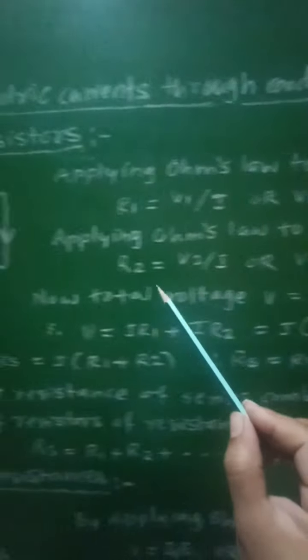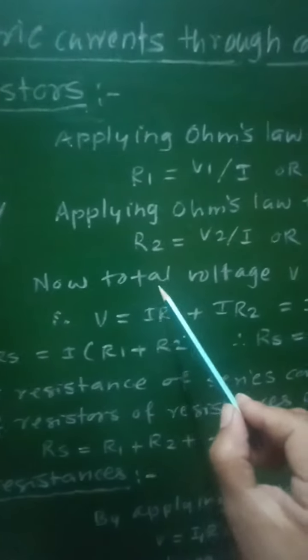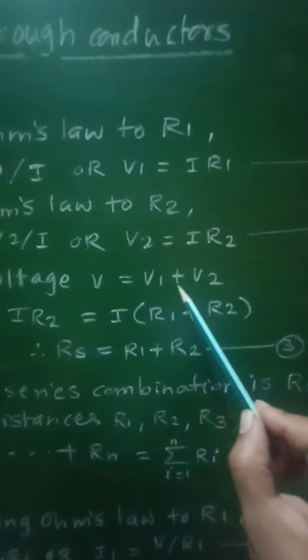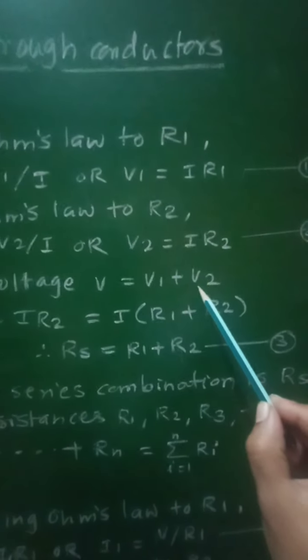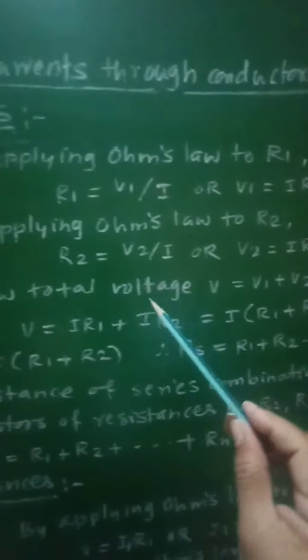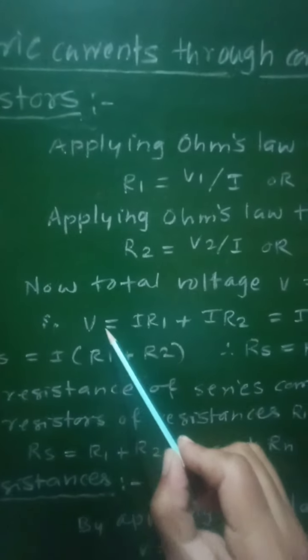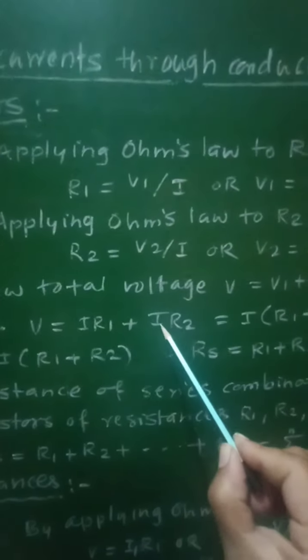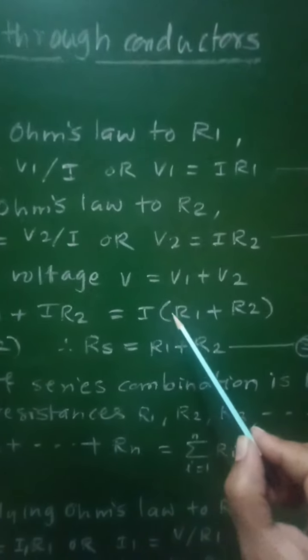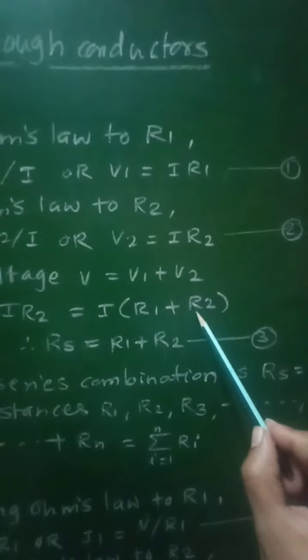Now we know that the total potential V is equal to V1 plus V2, and therefore putting values of V1 and V2 from equations 1 and 2, we will get V equal to IR1 plus IR2. Taking I common, we will get I into R1 plus R2.